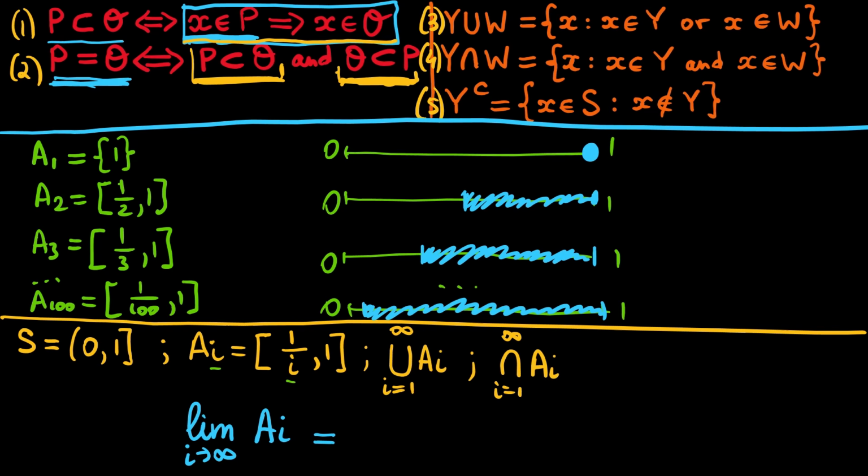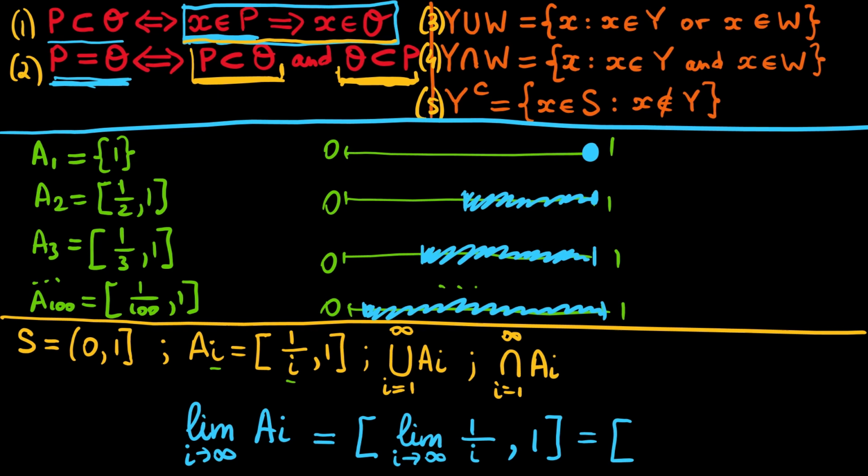Well, it'll be an interval that will consist of the limit of 1 over i as i goes to infinity on the left side, going to the right side of 1. Okay, and so what is the limit of 1 over i as i goes to infinity? Well, that's 0.